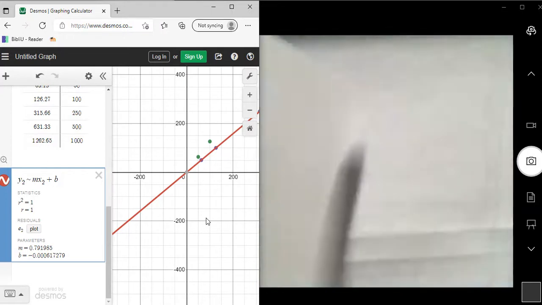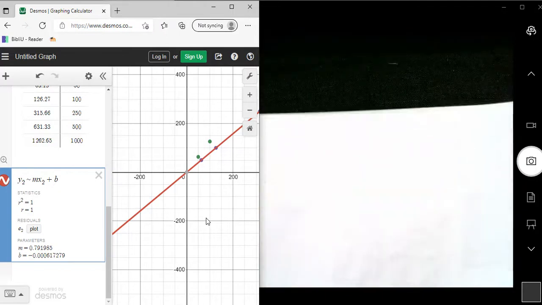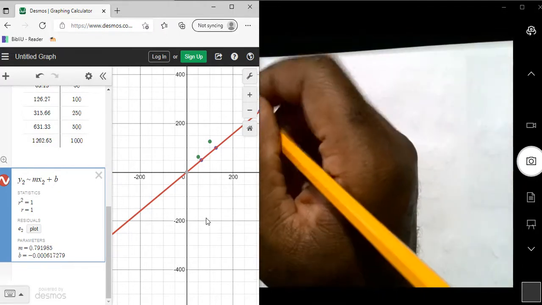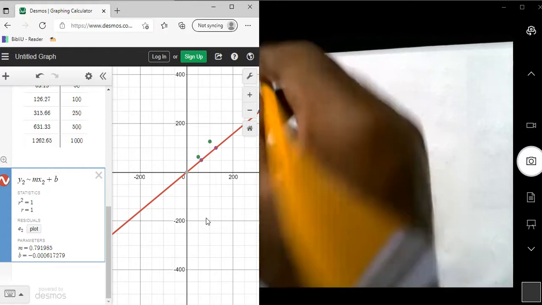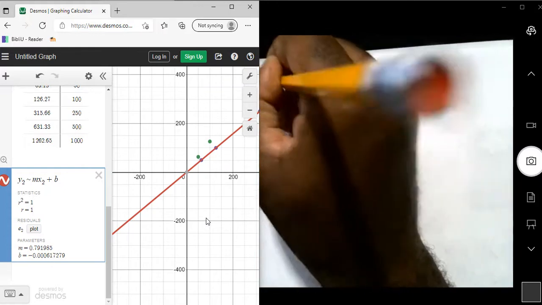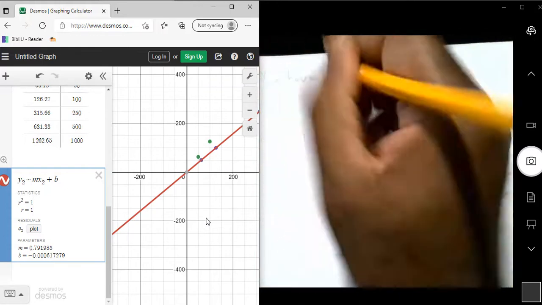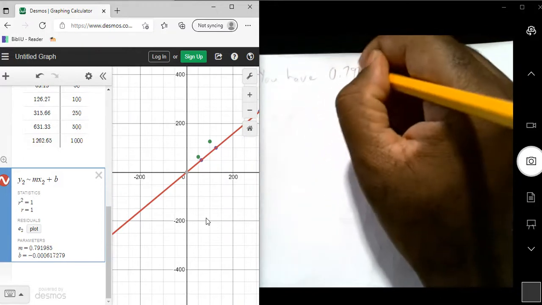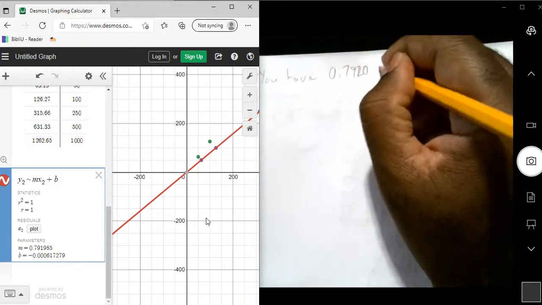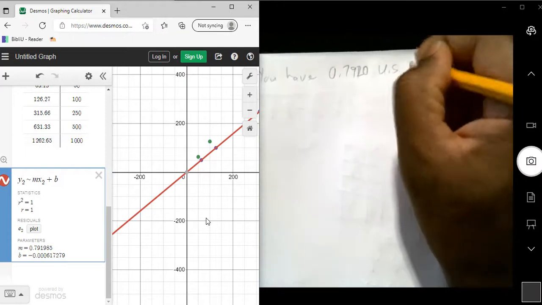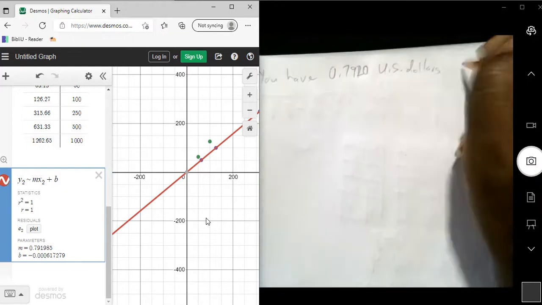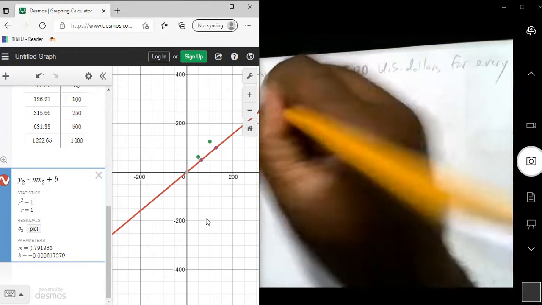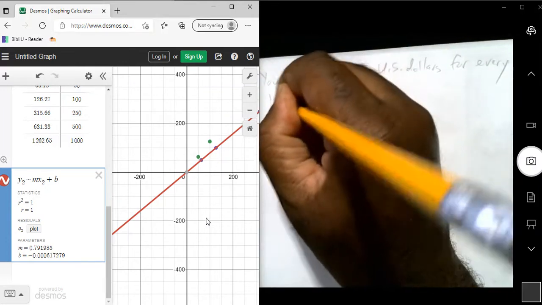So basically, you have 0.7920 US dollars for every 1 Canadian dollar.